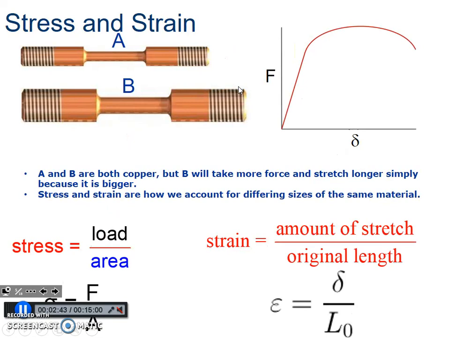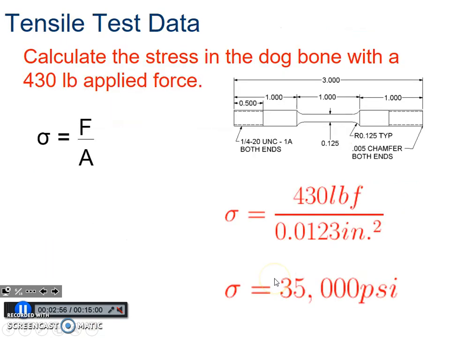So, stress versus strain. Stress is the load, how much force you have over the area. Strain is the amount of stretch over the original length. If you take those, you can calculate your stress and strain. So here's a calculation for stress. If you apply 430 pounds, calculate what will happen.